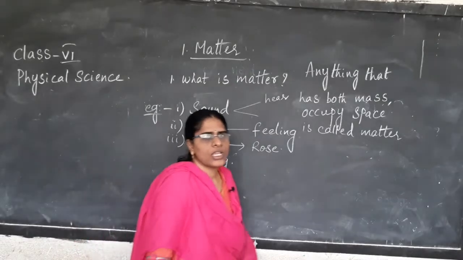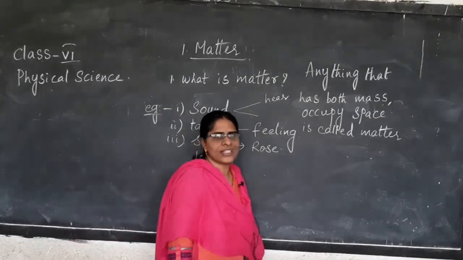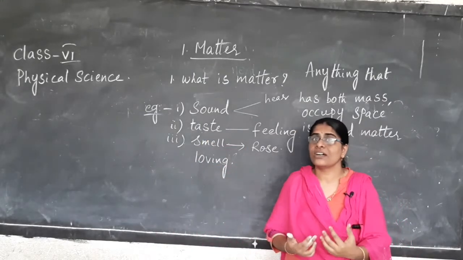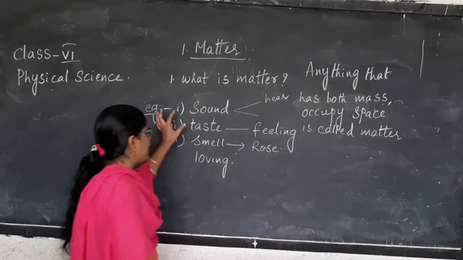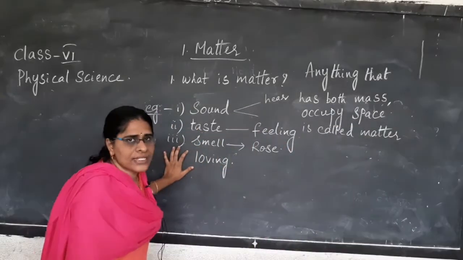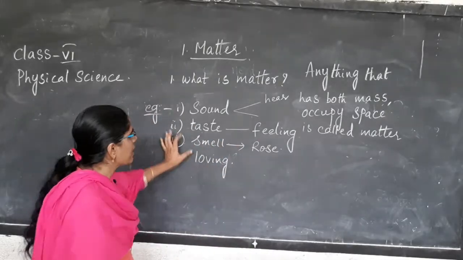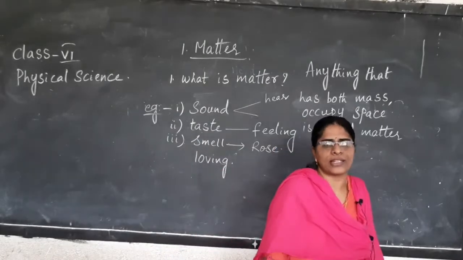You take care of your parents. All these don't come under matter. They are only the feelings you share with them. They don't have mass and they don't occupy any space. Hence, these all don't come under matter.